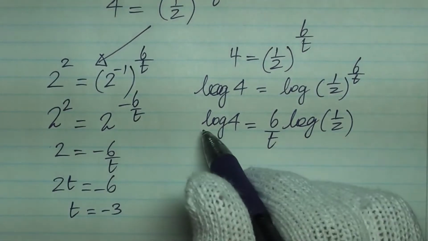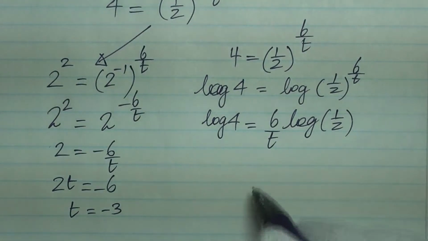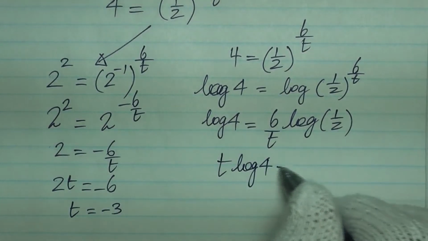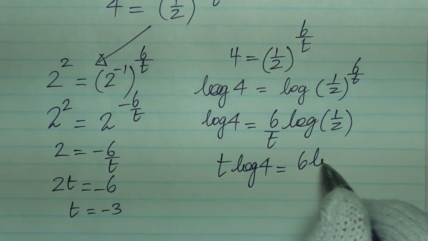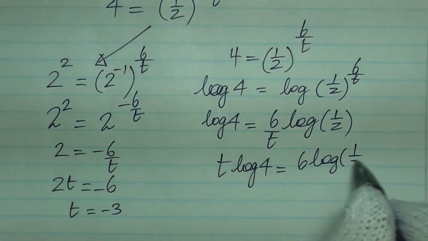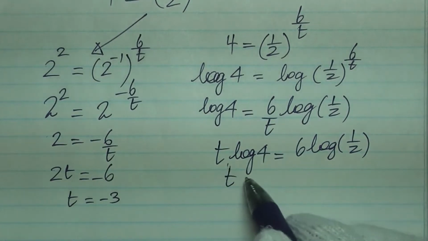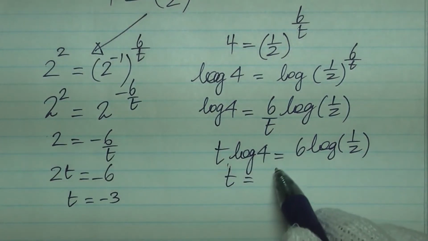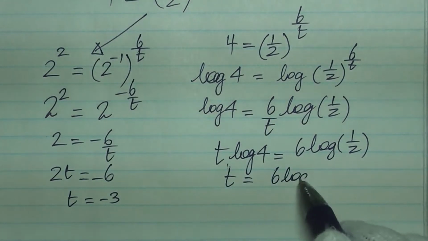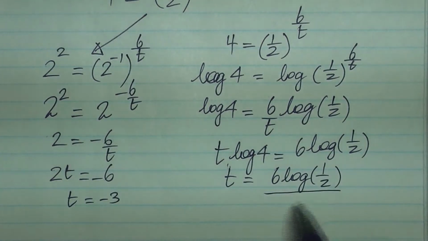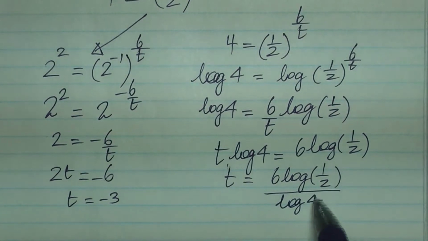So I'm going to multiply the t over here. And t is going to be 6 log 1 over 2 divided by log 4.